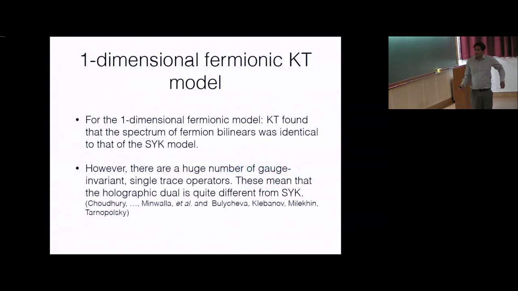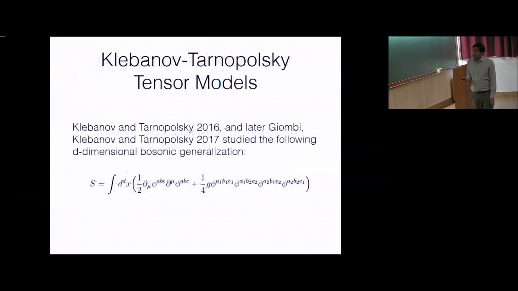These would be as many as you have diagrams in, say, phi cubed theory, which is exponentially large, and this means the holographic dual is quite different from SYK. And there's Hagedorn growth, etc. But at the level of just the spectrum of two-point functions or scaling dimension of fermion bilinears, the results are identical. So it's similar to SYK in that sense.